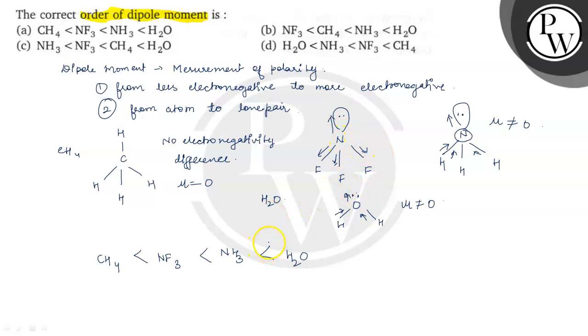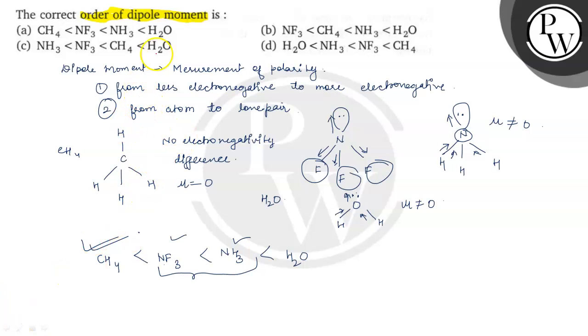That's why the H2O molecule has more dipole moment in comparison to them. And in NF3 and NH3, NF3 has less dipole moment than NH3 because fluorine is the electronegative atom. Okay, so our final order is that.